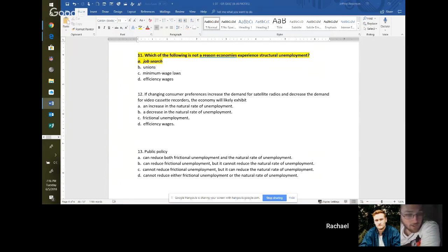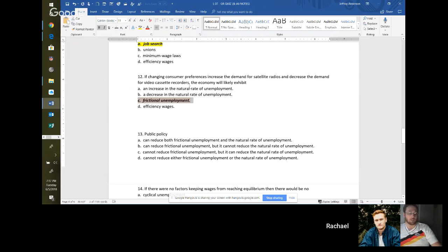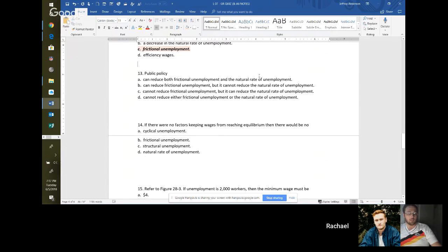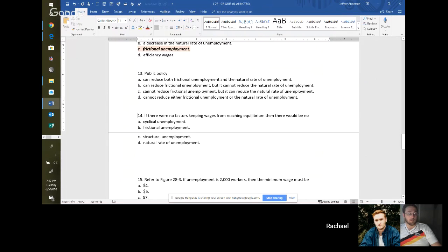I can check it real quick. Pull it up. I'll let you look that one up. Occurs when there are fewer jobs than workers. Job search.